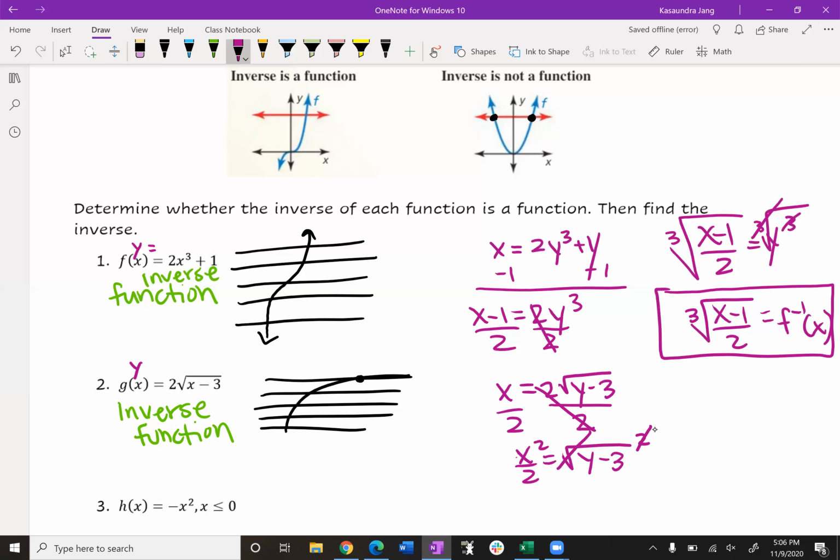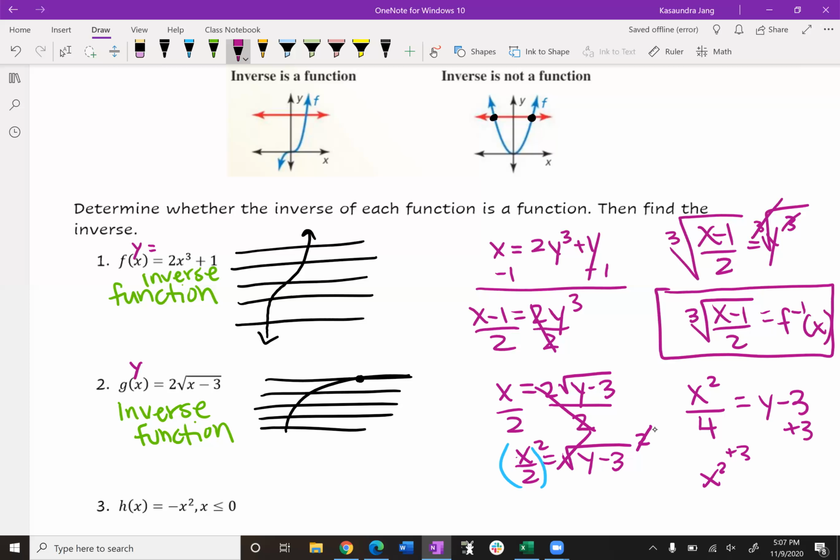Square root, squared exponent, those are inverses, totally gone. Now, keep in mind, I had to square the entire side of the equation, so put some parentheses around that. The x is squared and the 2 is squared. In fact, because the x is squared and the 2 is squared, I can treat it as x squared over 4, equals the y minus 3. And then I will add 3 to both sides.